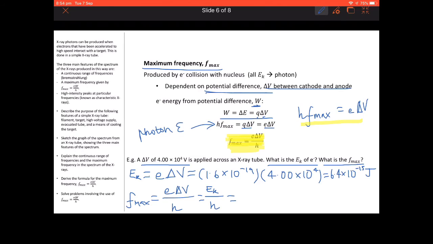So this is 6.4 × 10^-15 joules divided by 6.63 × 10^-34 joule seconds, and this ends up being 9.65 × 10^18 hertz.